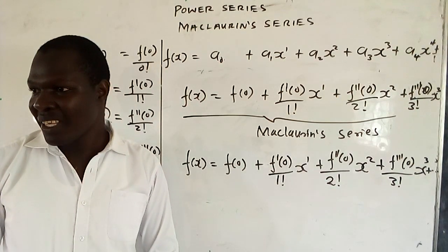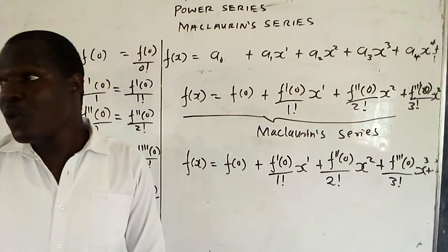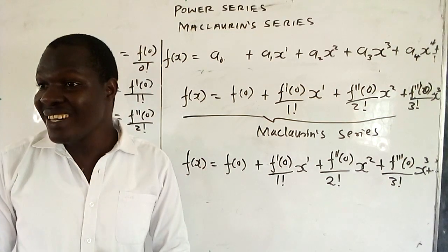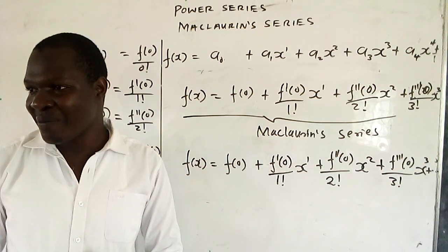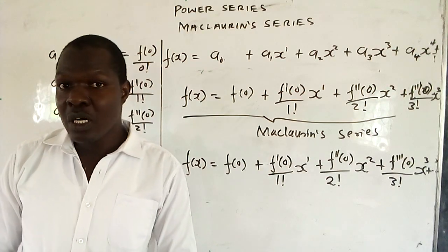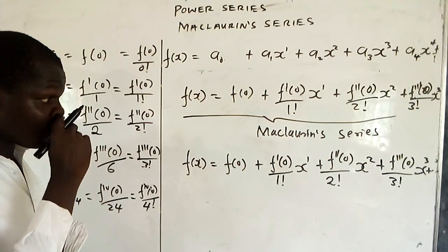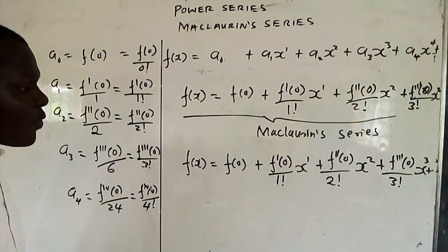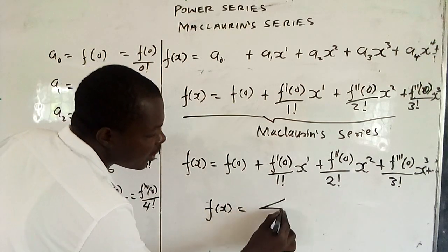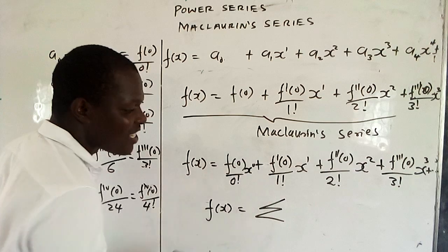Are we together? Yes. So before we see an example, we want to see how the Taylor series is coming from the Maclaurin's series. Are we together? Yes. How do we get the Taylor series from the Maclaurin's series? If you write it in form of summations, you'll just see f of x is what? Remember, this is 0 factorial x raised to power 0, isn't it?